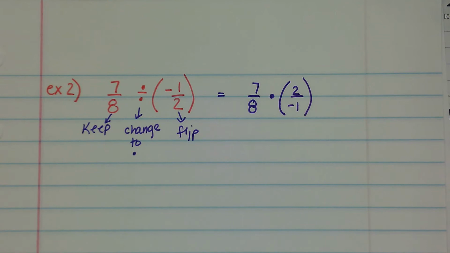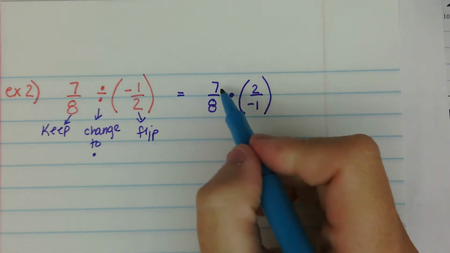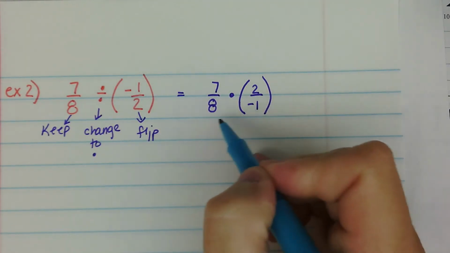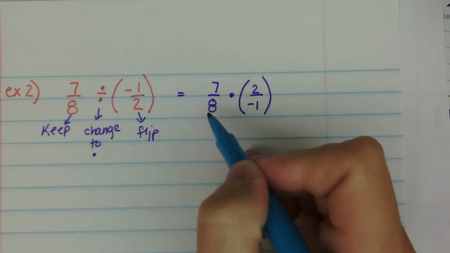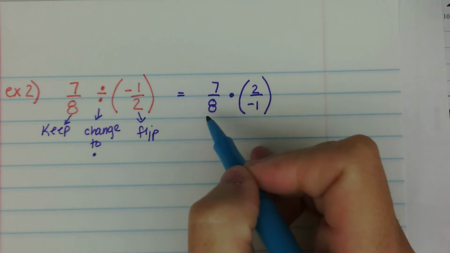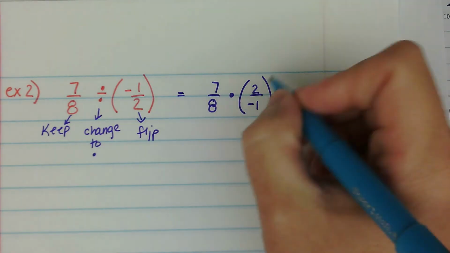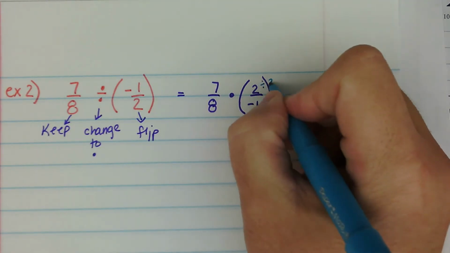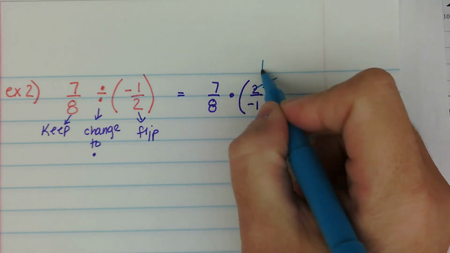Now we're going to go through and do our process of multiplying fractions and looking for common factors or not. If I look at the 7 in the bottom, nothing goes into 7, and 7 doesn't go into any of these. But the 2 does go into 8. So what we're going to do is divide the top by 2 and get 1.